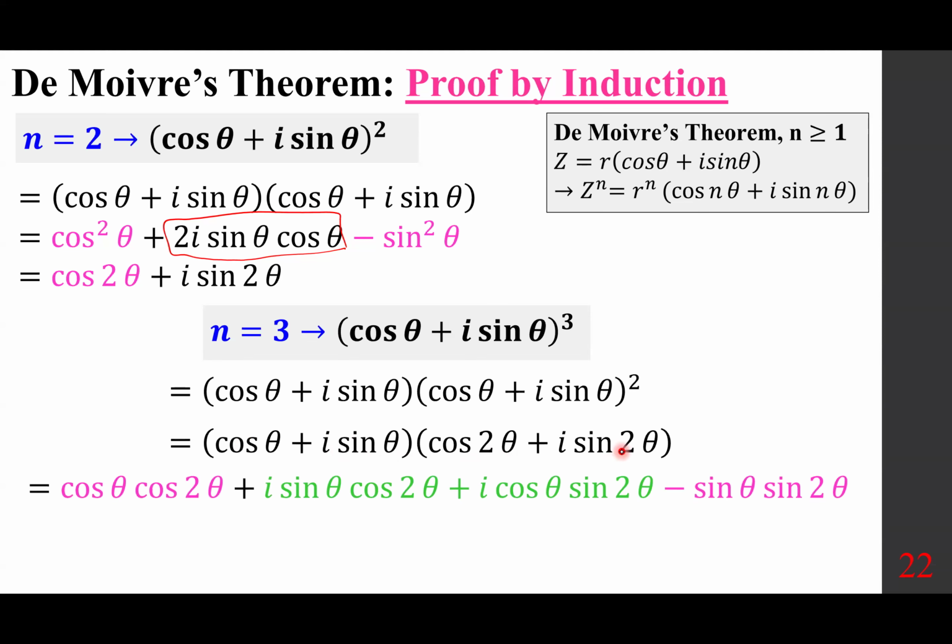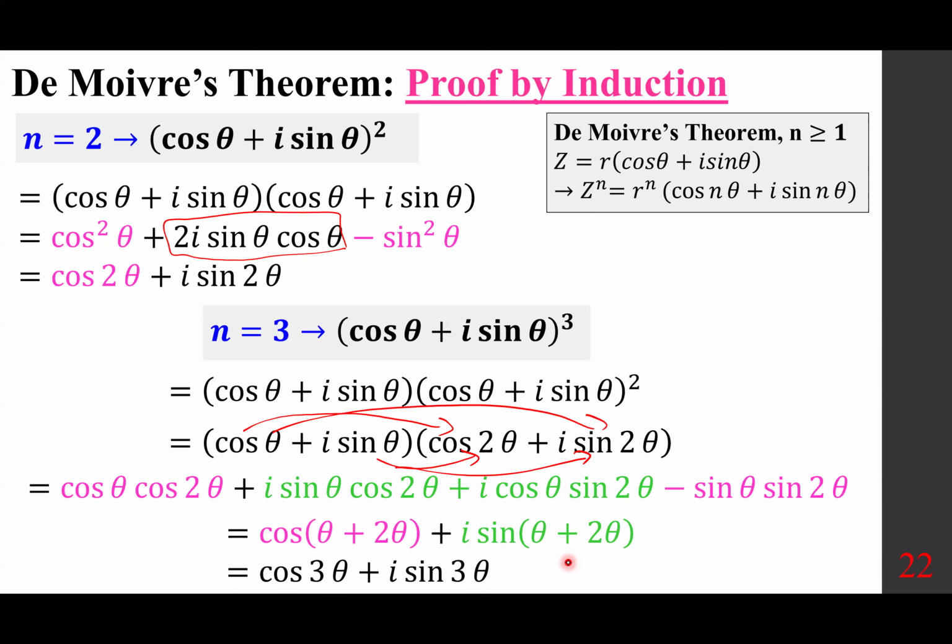You distribute them in this fashion. I hope you see that cosine theta cosine 2 theta minus sine theta sine 2 theta is cosine of theta plus 2 theta. And this one, if you factor the i out, sine theta cosine 2 theta plus cosine theta sine 2 theta, would be sine of theta plus 2 theta as well, which is cosine of 3 theta plus i sine of 3 theta. And I'm going to leave it for you to prove that it works for n equals 4. And then that is the proof that it works for n.